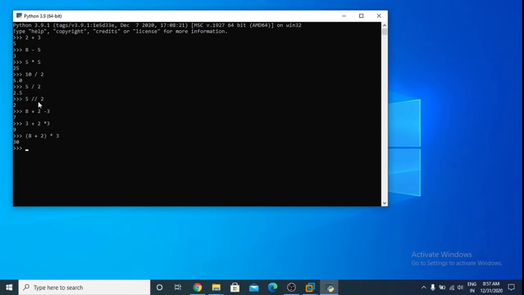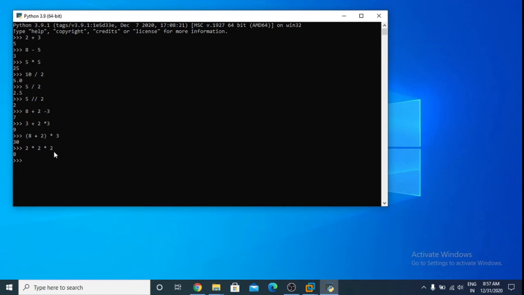Okay, so now we try the exponential function. So I'm taking here any number like 2 multiply 2 multiply 2. Okay, so 2 multiply 2 is 4 and multiply 2 is 8. So the answer is 8.